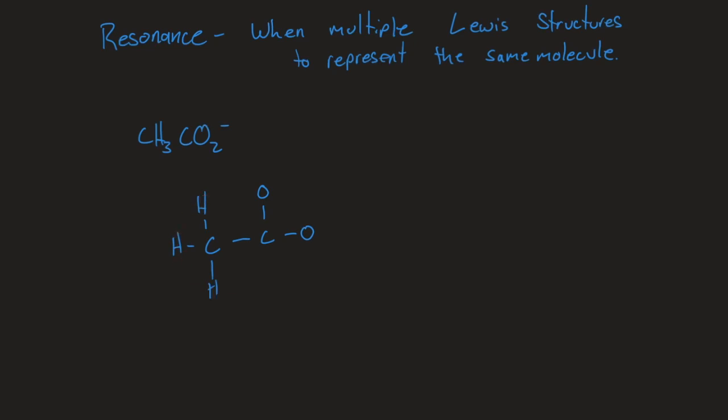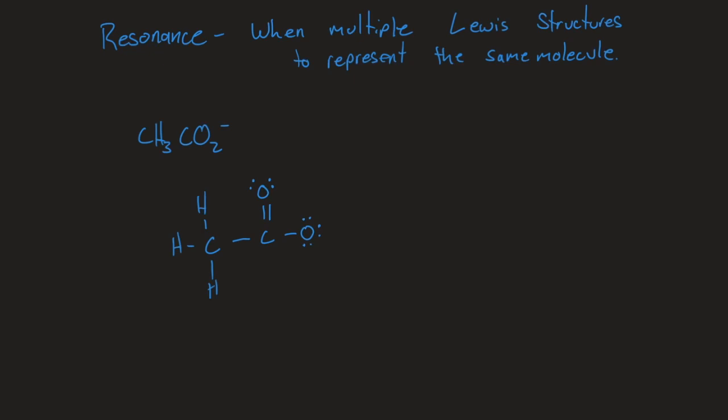They have 1 bond each. The next carbon only has 3 bonds, and so I'm going to use a multiple bond to complete its octet. Oxygen on the top then has 2 pairs of electrons to complete its octet. And the oxygen on the right needs 3 pairs of electrons to complete its octet.